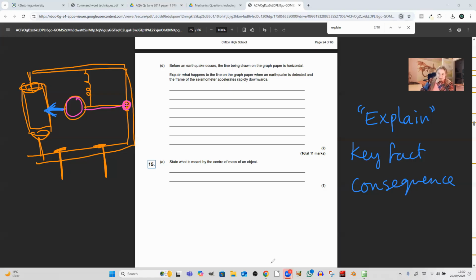It leaves something behind. The orange bit goes down because it's fixed to the ground and the ground literally has moved down. So the ground exerts a force on the frame and the drum. But what happens to the pink and blue bit?